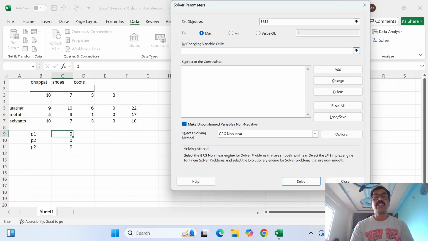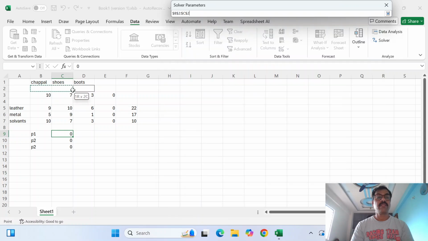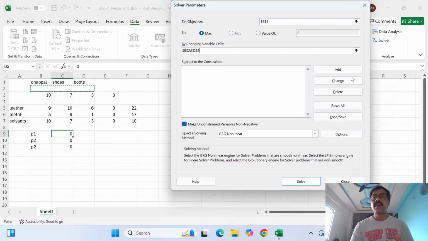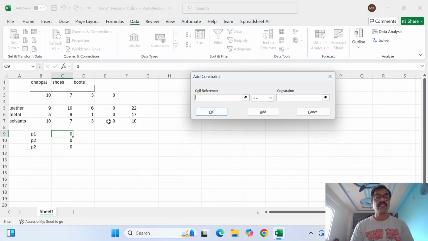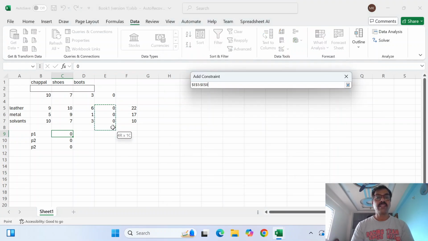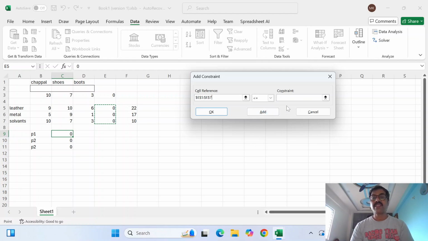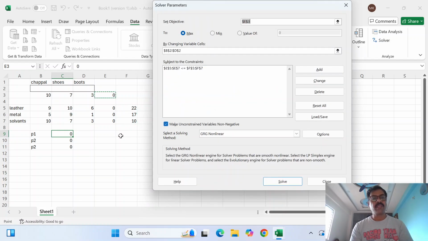And now by changing these cells, these cells need to be changed. Now I'm going to input the constraints, and my constraints are these: LHS should be less than or equal to the RHS. I should use the resources less than or equal to the available resources in hand. Now I'll just add this. I don't need conditions here in this particular case.